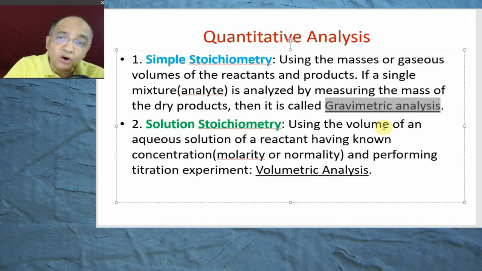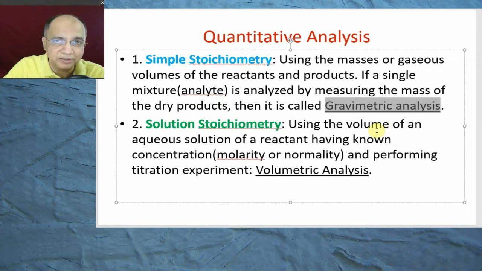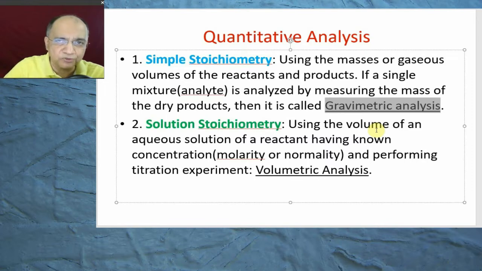But not all stoichiometry will be called gravimetric analysis. If you are analyzing a sample, a mixture of A, B, C, and performing an experiment where A and B give different reactions, and you measure the amount of the dry product formed and then establish a correlation on the basis of mass, then we call it gravimetric analysis.